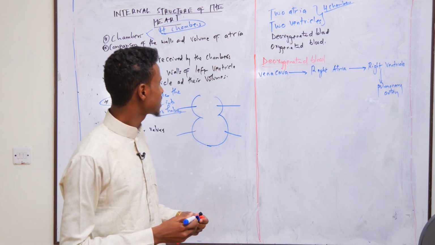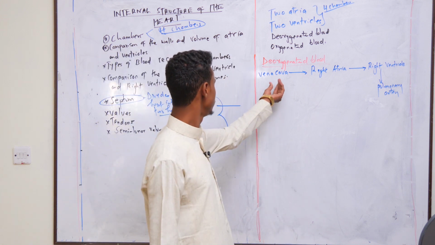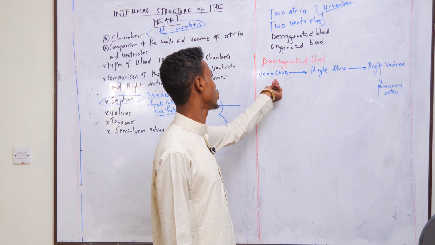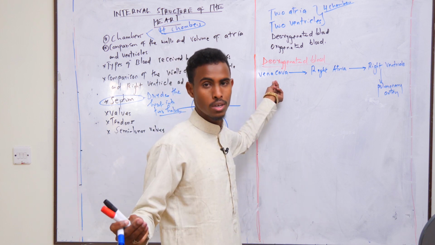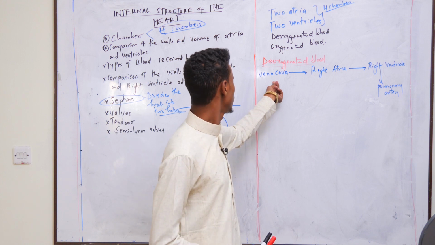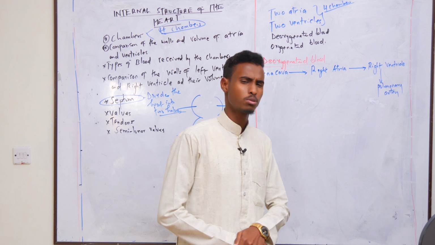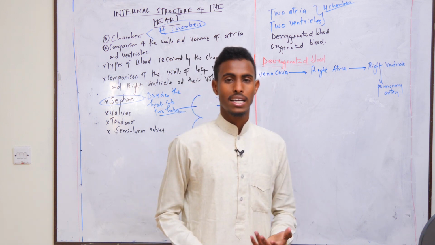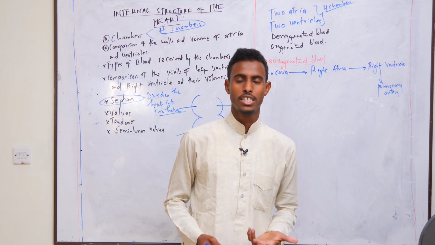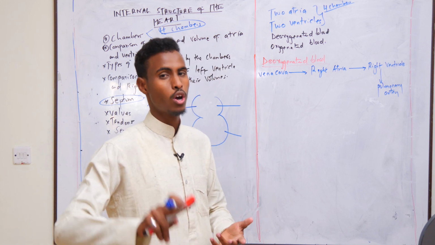But meanwhile class, when the blood enters the heart through the vena cava, this blood is deoxygenated, and the deoxygenated blood comes from the body tissues. Why are we receiving deoxygenated blood from the body tissues? We know that the blood carries oxygen from the heart through the aorta.